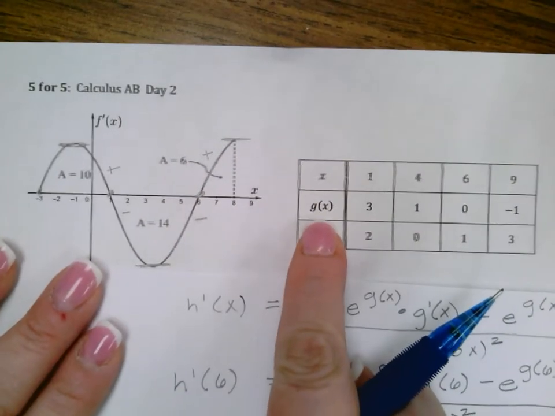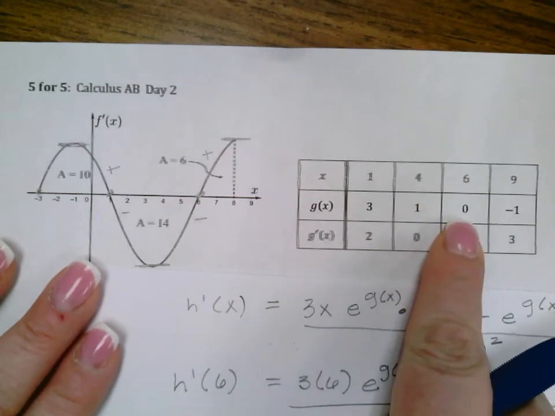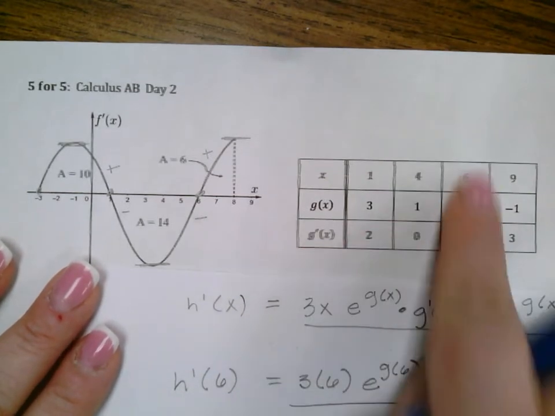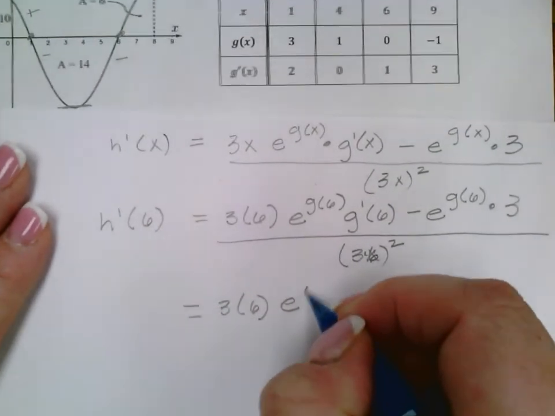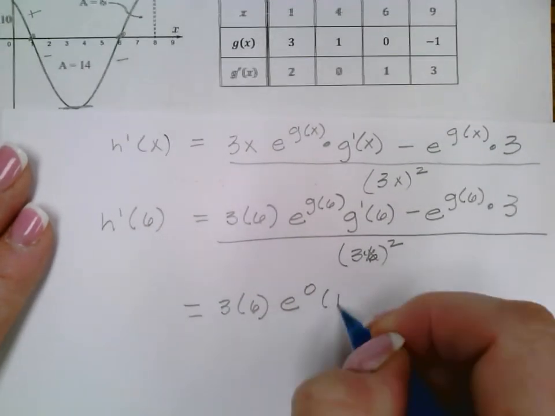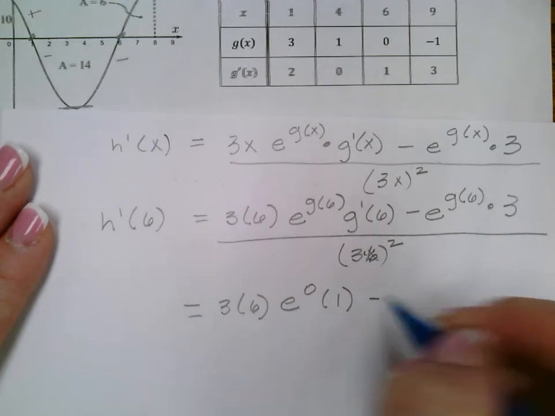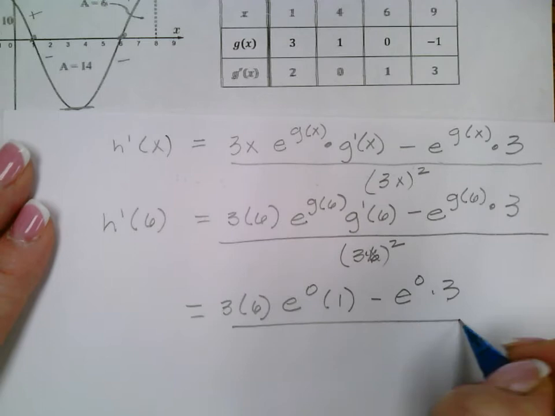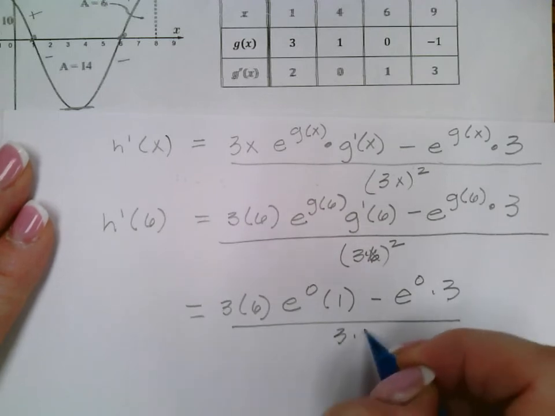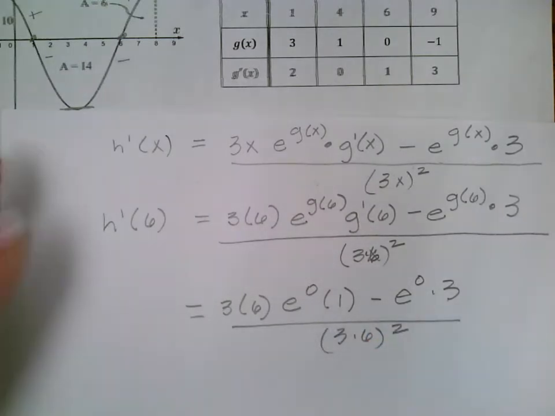So g of 6 is 0, and g prime of 6 is 1. E to the 0 times 3. And that's how I would leave my answer. On an FRQ, I would not do any more than that.